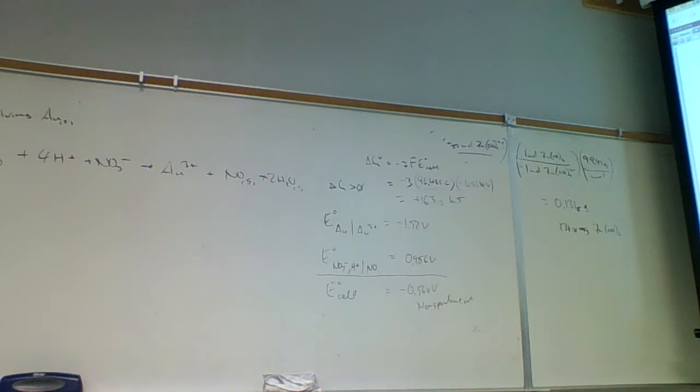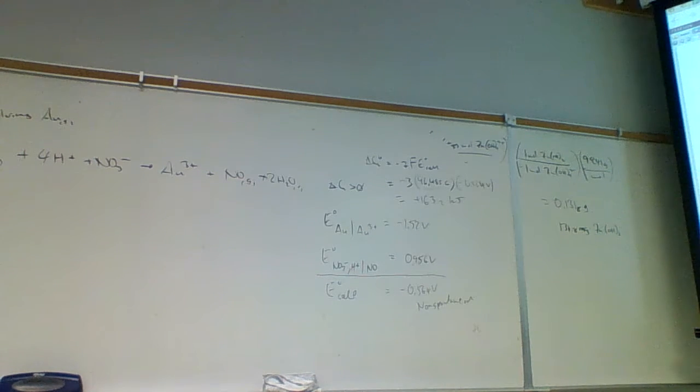And so they should have shown this here, but what we have is gold. If we have solid gold going to gold 3 plus 3 electrons, this has a low oxidation potential. One way we can increase that oxidation potential is try to do a Le Chatelier's shift. One way to do Le Chatelier's shift is try to complex the gold.